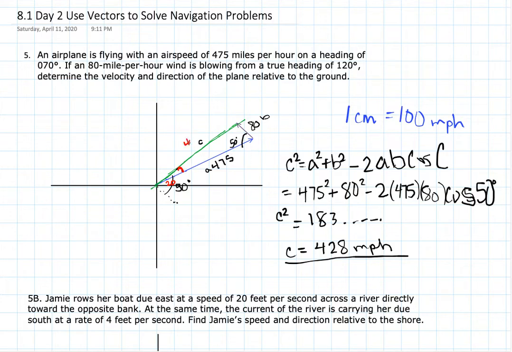This is 428. So I'm going to use sine of 50 over 428 equals sine of B, because that's the angle I'm looking for, over 80.